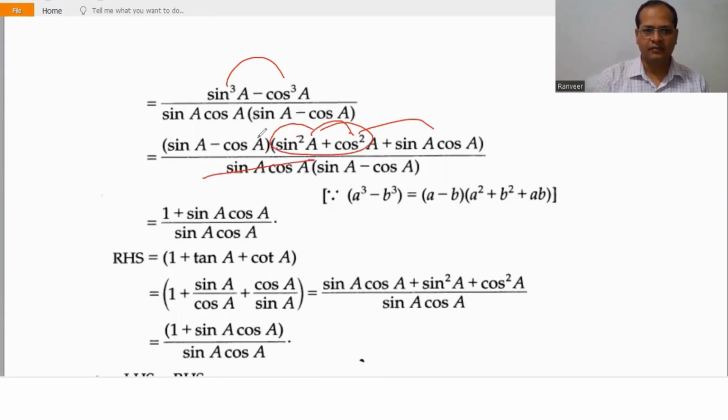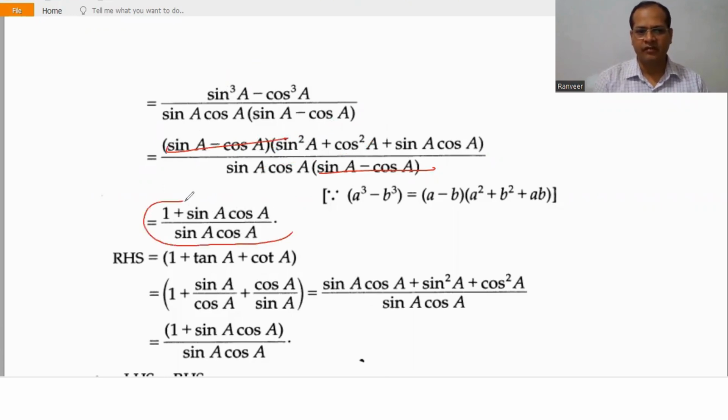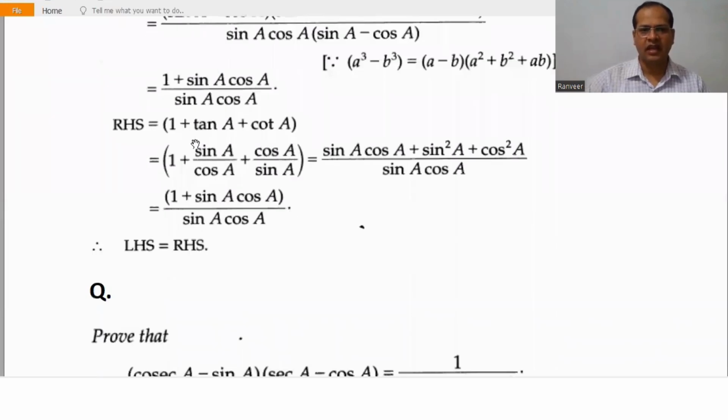Now this sin A minus cos A will cancel. We get 1 plus sin A into cos A by sin A into cos A. After that, in the same way we have to solve the right hand side, 1 plus tan A plus cot A. Once we solve, we get this value: 1 plus sin A into cos A by sin A into cos A.